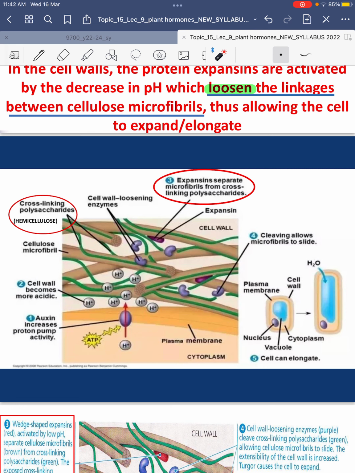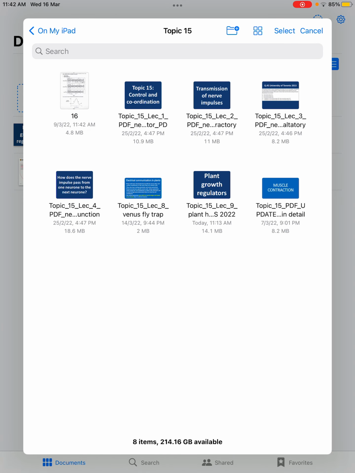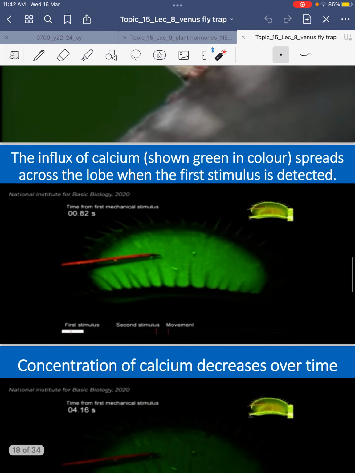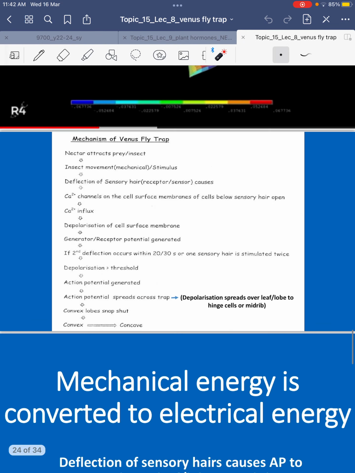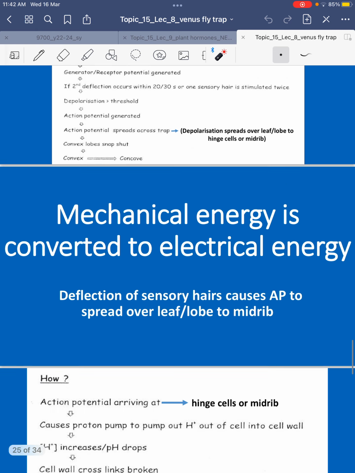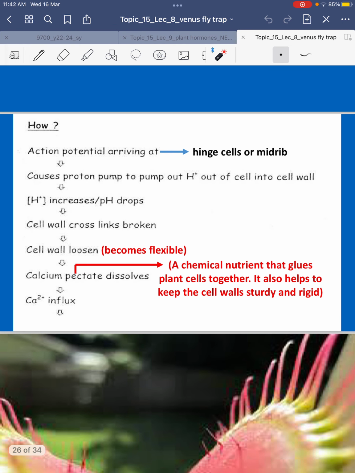So if we look back, you must be able to differentiate between the two. As you can see here, the entry of the calcium causes action potential, and it starts to pump the proton. Pumps the proton, acid drop, cell wall crosslink broken.